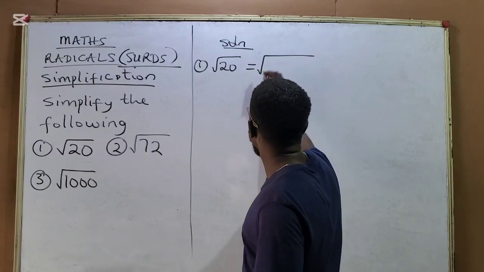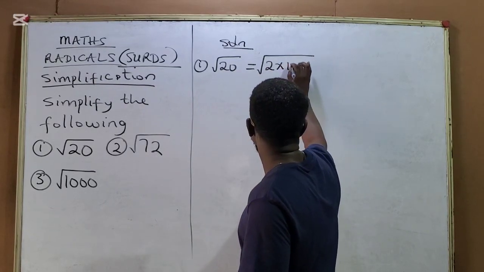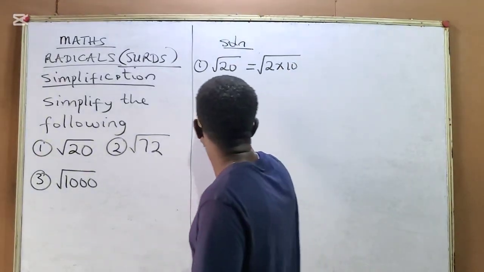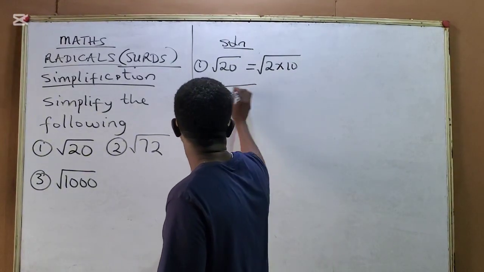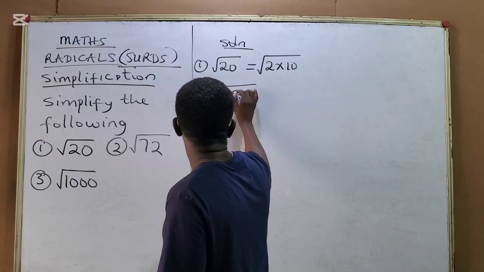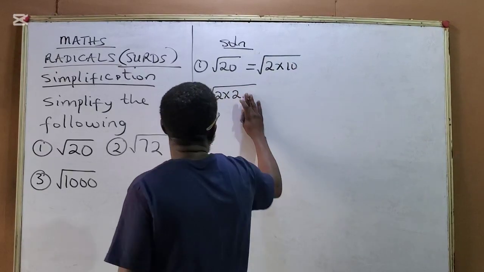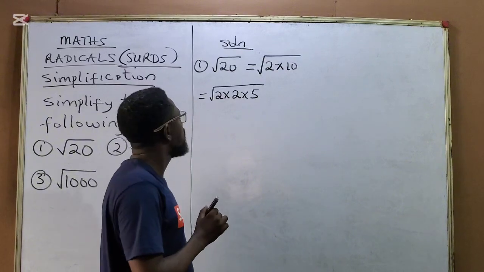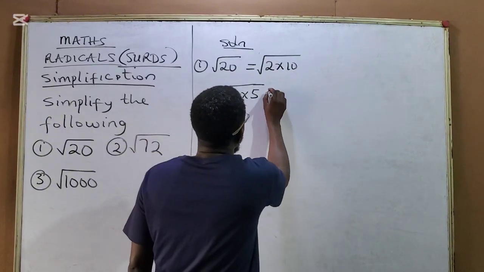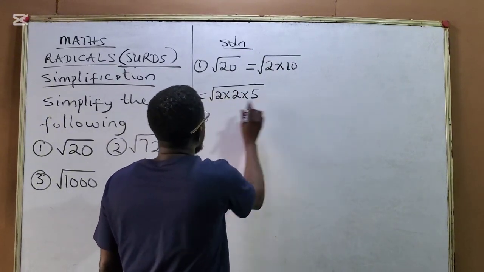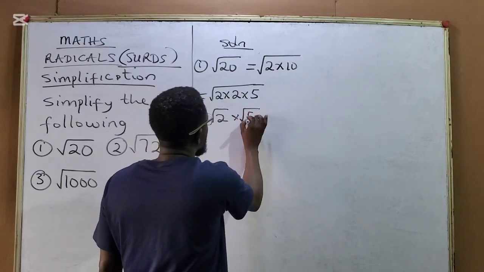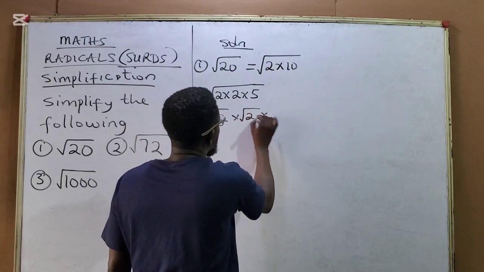First, you can start by writing 20 as 2 times 10. 20 is 2 times 10, and then 10 is 2 times 5. So now if you break this one further, removing the root sign, you can write it as root 2 times root 2 times root 5.